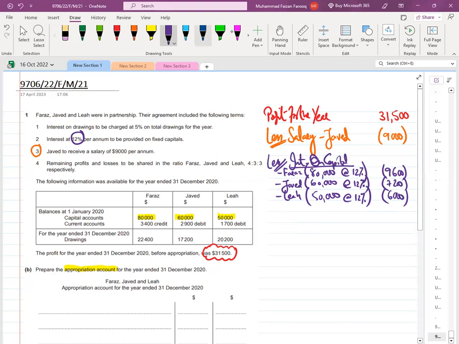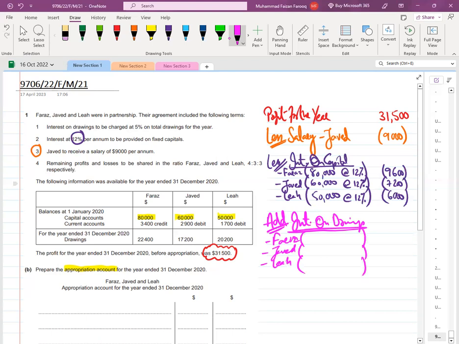The third item which must come here is interest on drawings, but as we know, interest on drawings must be added, not deducted. The percentage is given in the question for the three partners, Faraz, Javed, and Lee: 5% interest on drawing.